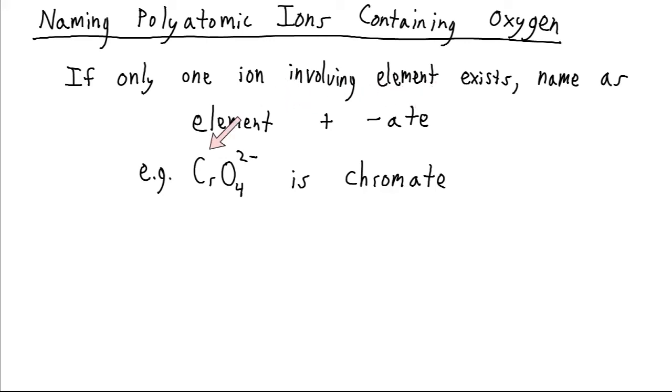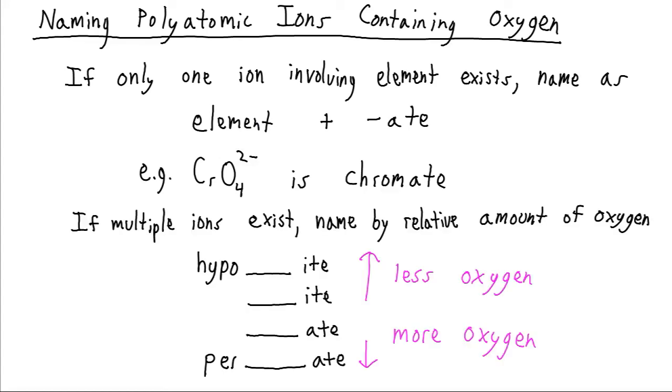So here we have chromium, and chromium has oxygen attached to it, so we will go with our "-ate" nomenclature, and so we call it chromate. And there's only one possibility here. But what if we have multiple possibilities?